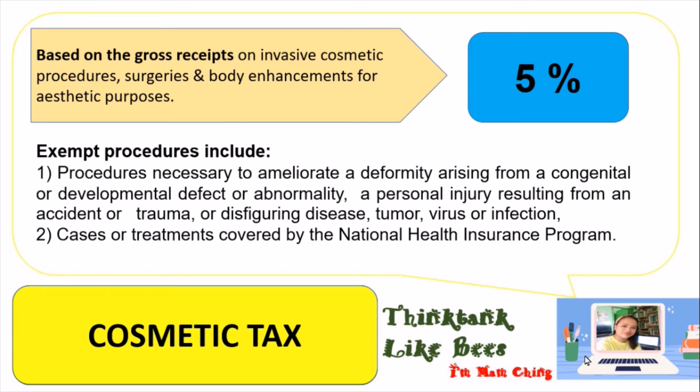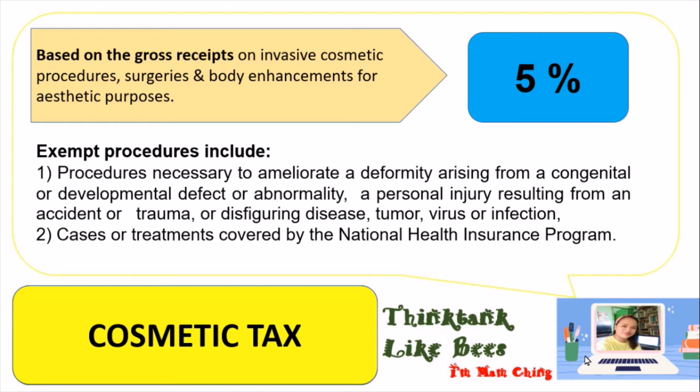The first one, if the procedure is necessary to ameliorate a deformity arising from a congenital or developmental defect or abnormality, personal injury resulting from an accident or trauma, or disfiguring disease, tumor, virus, or infection. Those are exempt.